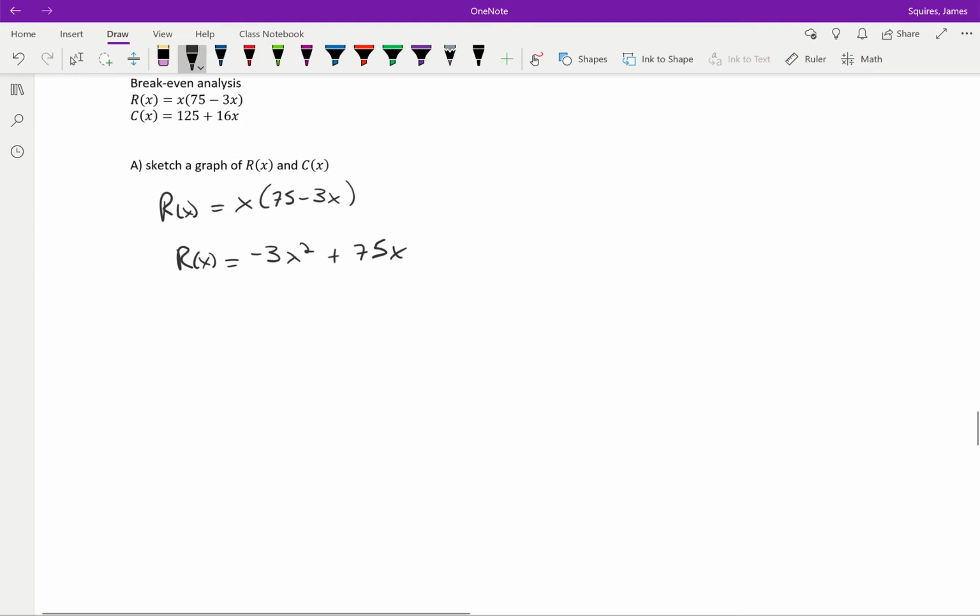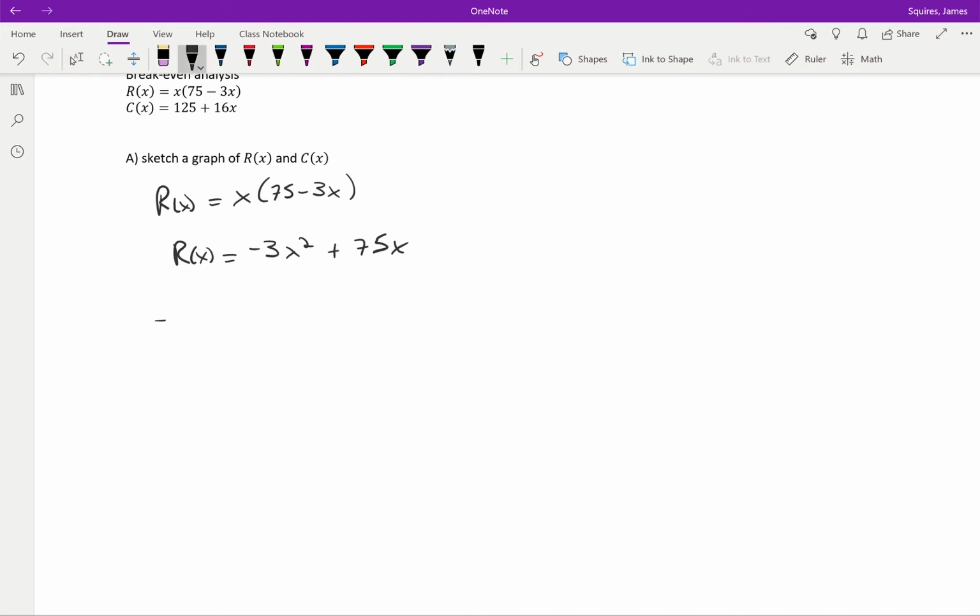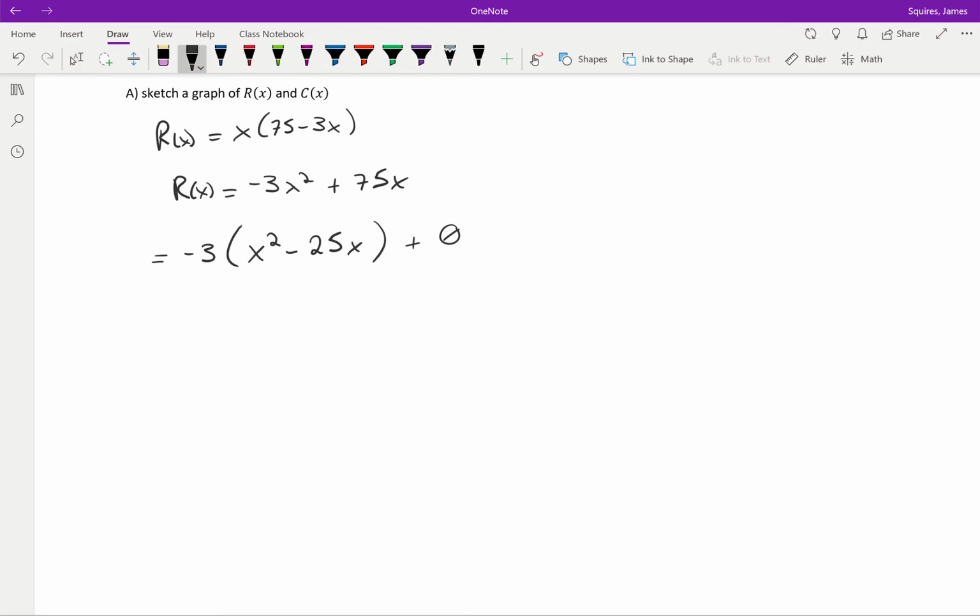It's going to get a little messy, but this will equal minus 3 times x squared minus 25x plus nothing right now. And now we're going to get minus 3 times x squared minus 25x plus something, plus 0. To make this a perfect square, we're going to take that 25, halve it, and then square it.